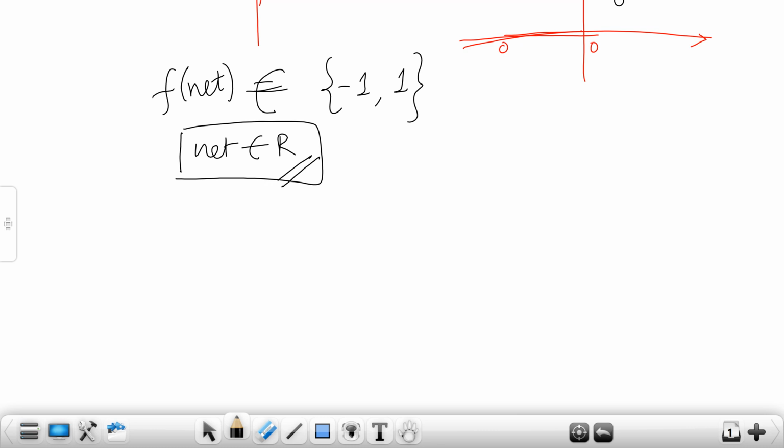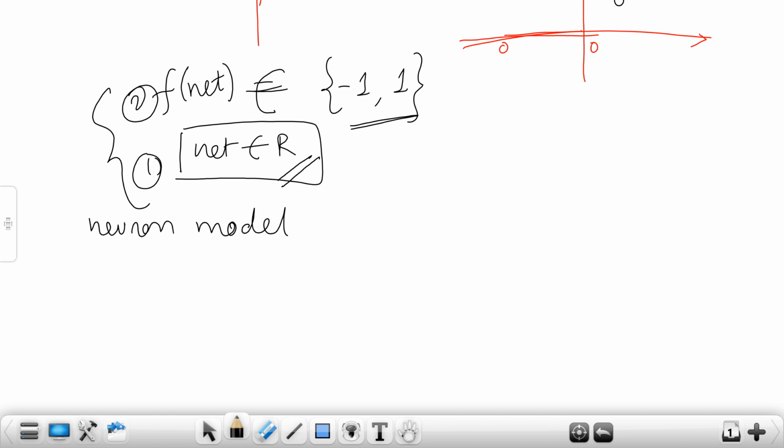So net belongs to R, and f of net belongs between -1 and 1. This is the first condition and this is the second condition. If the activation function satisfies both conditions, it can be used in a neural model. This is one of the conditions we have.